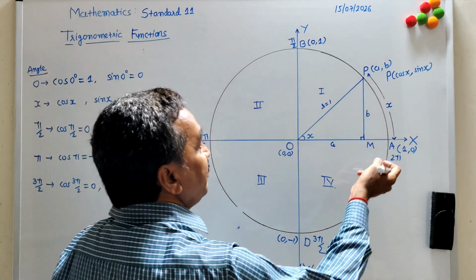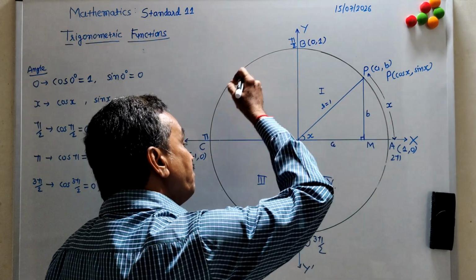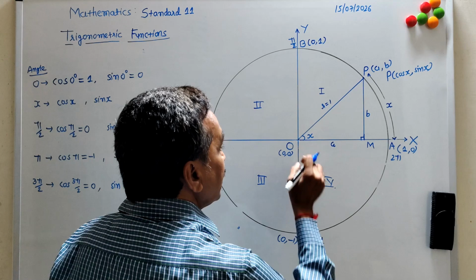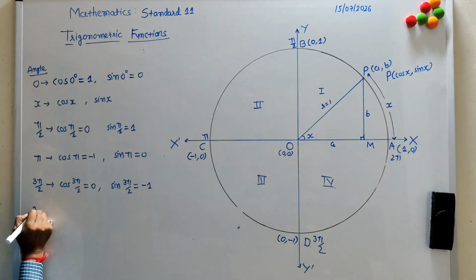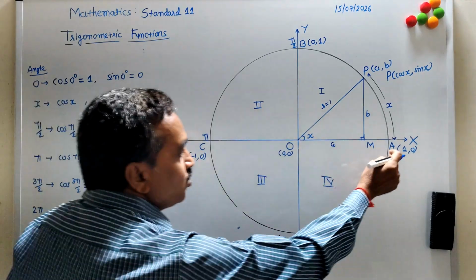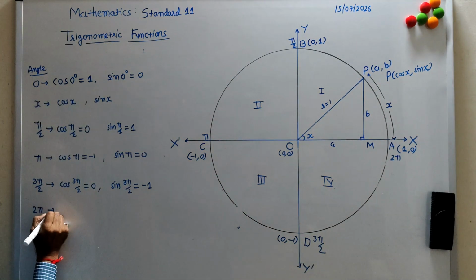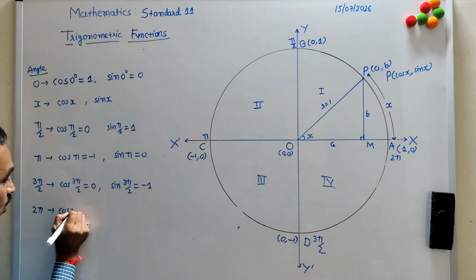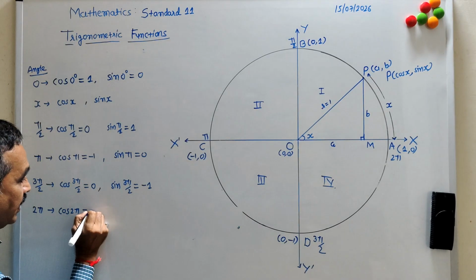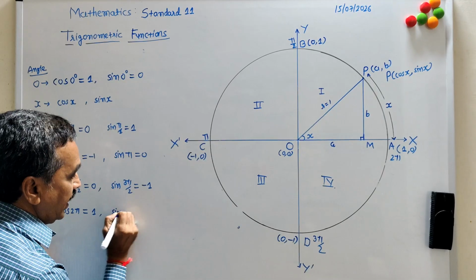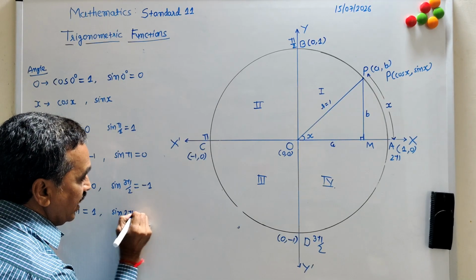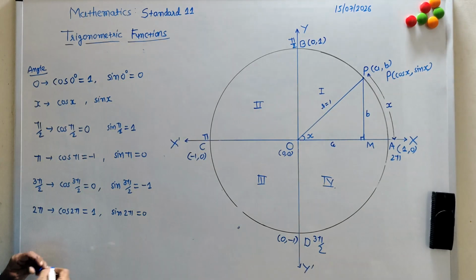And if we complete one revolution from the center, so here is 2 pi, again cos 2 pi is equal to 1 and sin 2 pi is equal to 0.